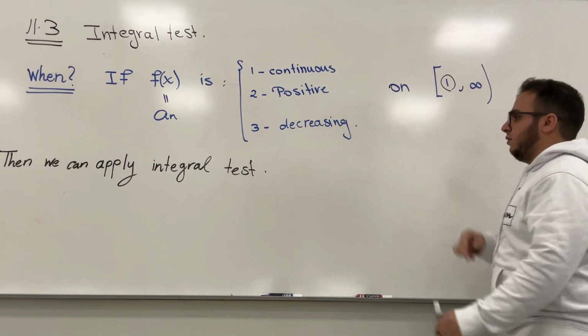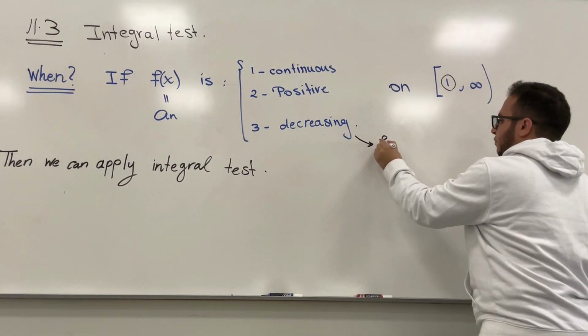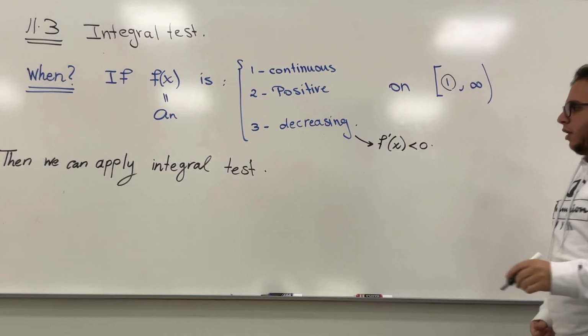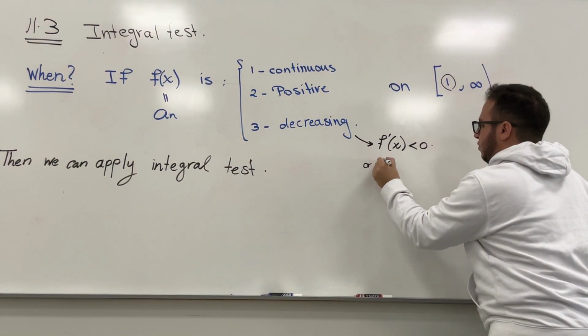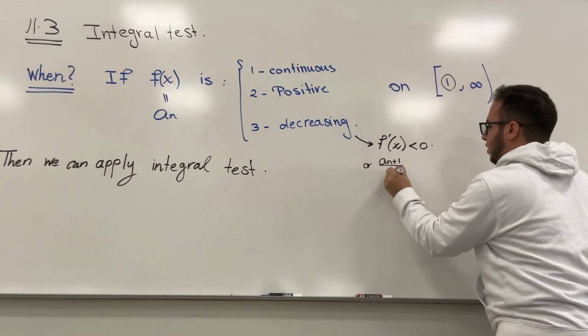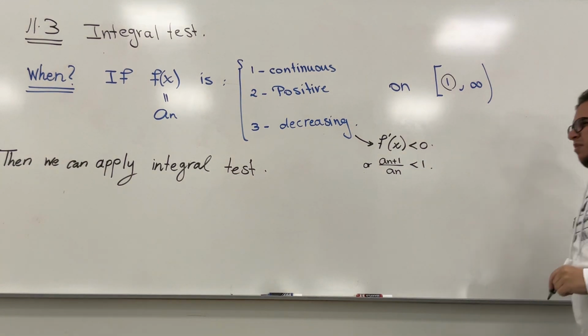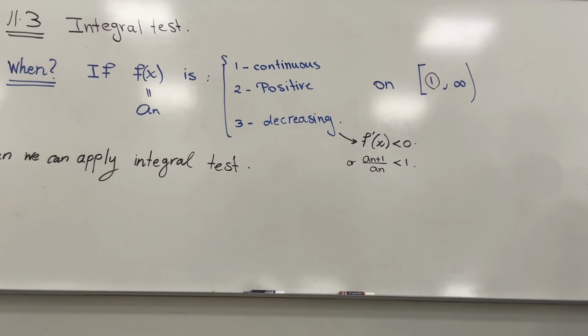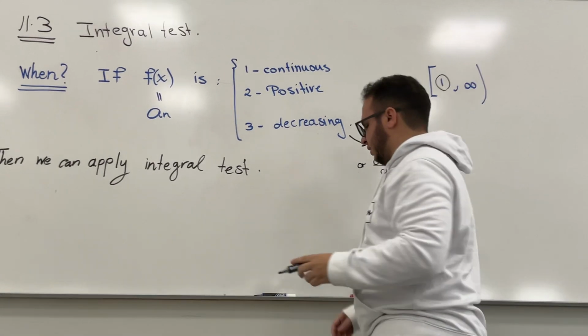And decreasing, exactly, f prime of x has to be negative. Or, if you don't like the derivative, you can do the ratio test, a n plus 1 over a n less than 1. But usually the questions will be better solved with derivatives. What does the test say?